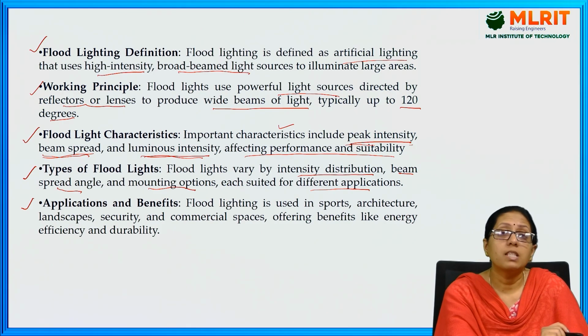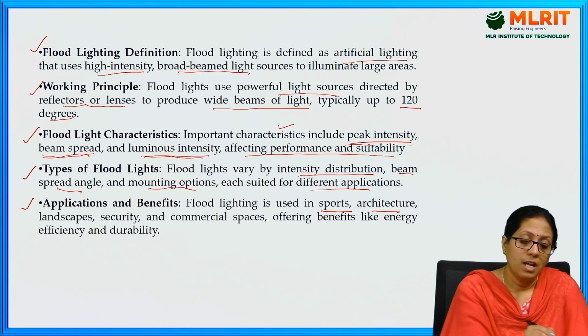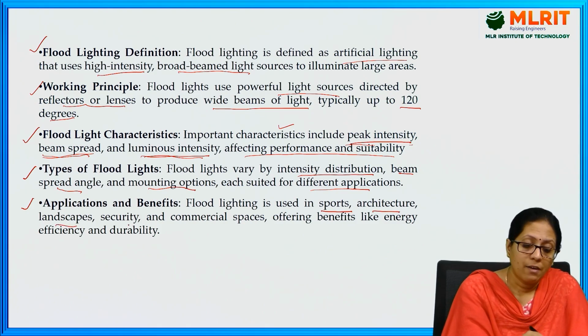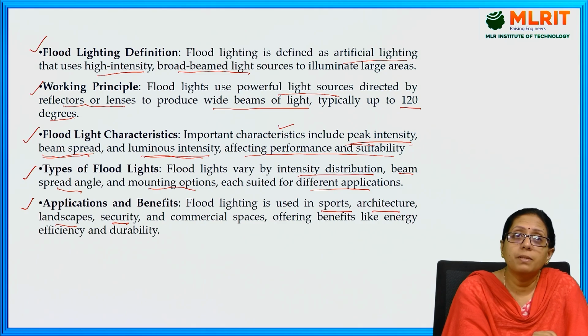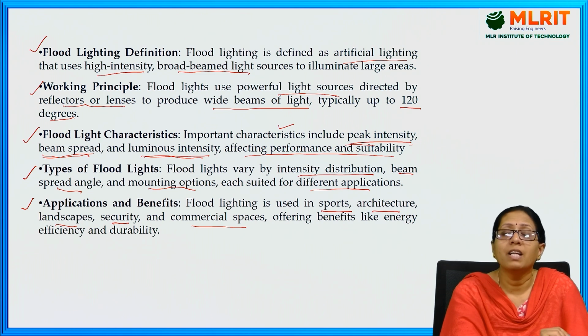The next one is applications and benefits. Floodlights are mostly used in sports, architecture, landscapes, mostly for security purposes, as well as commercial spaces, offering benefits like energy efficiency and durability.